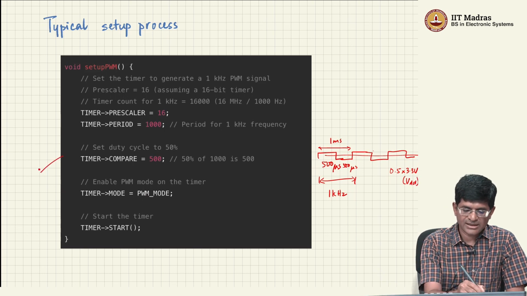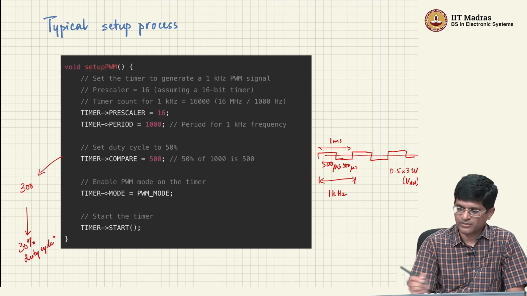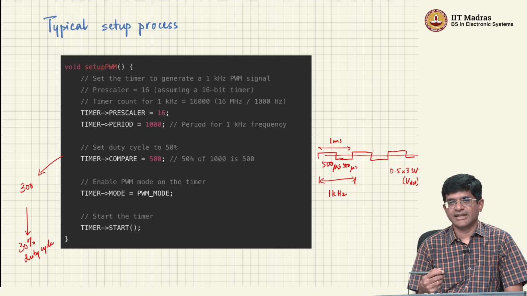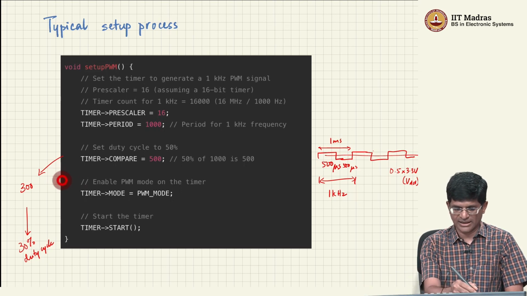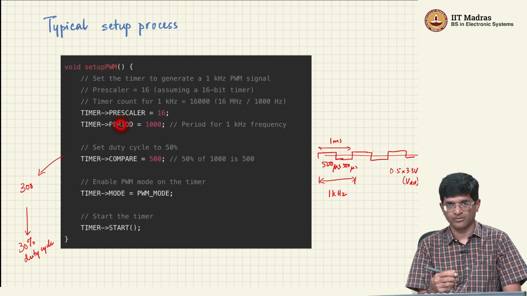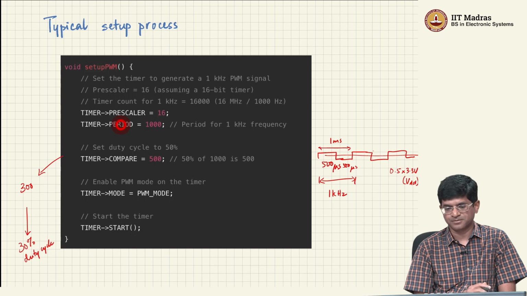And by changing this compare value to, let's say, 300, I could easily get a 30% duty cycle. So these kinds of changes can be easily made by just changing the comparison value, the period, and so on. You can get pulse width modulation of different behaviors.